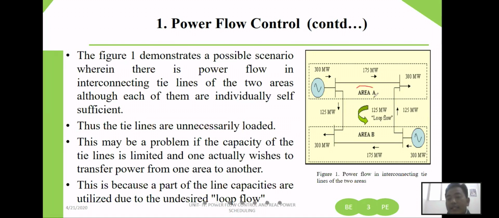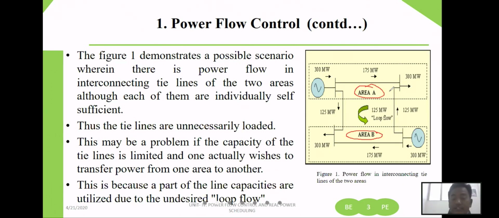There are two areas, area 1 and area 2, and these two are sharing power, which means from area 1 some power will flow to area 2, and similarly from area 2 some power will be shared with area 1.